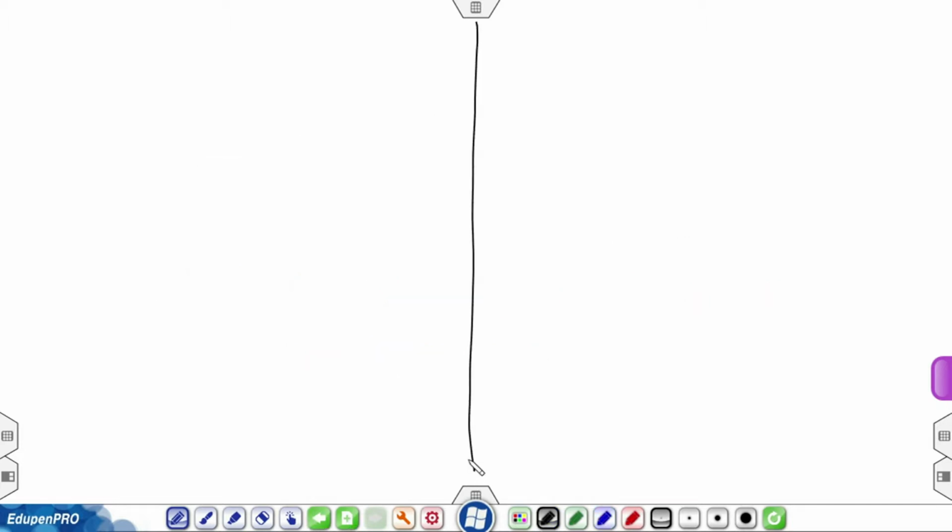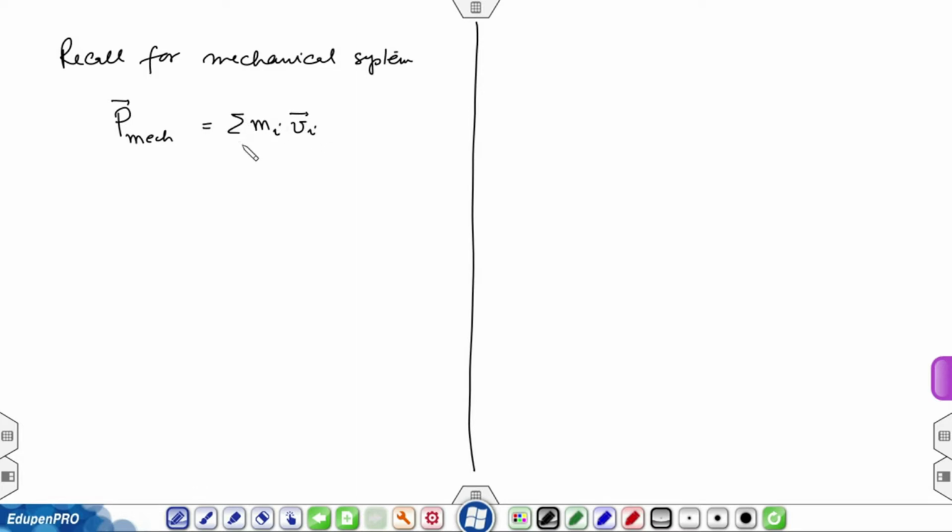So, just a recall for mechanical systems that total momentum P mechanical is given as sum of m_i v_i for a system of particles, and from this we define something called the center of mass, which is given like this.